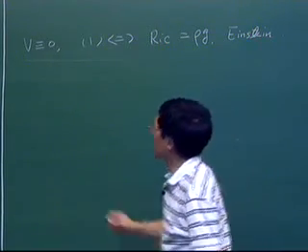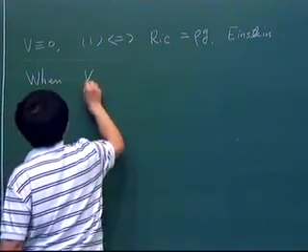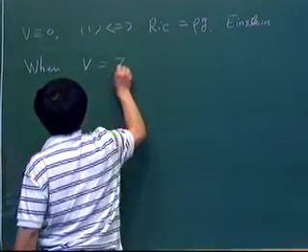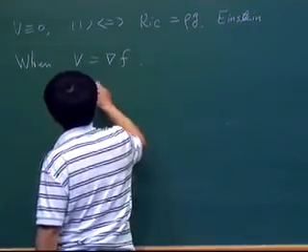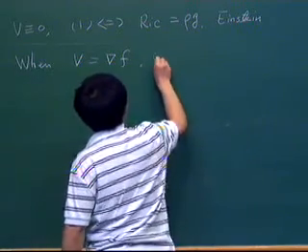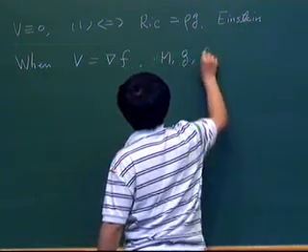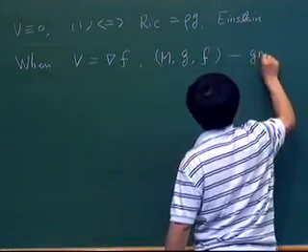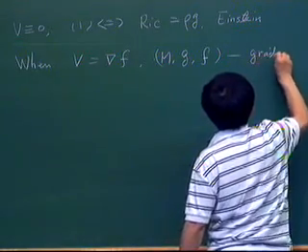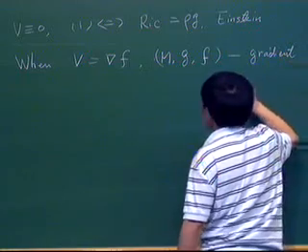So when V is the gradient of a function, we write it down and it's called a gradient Ricci soliton.